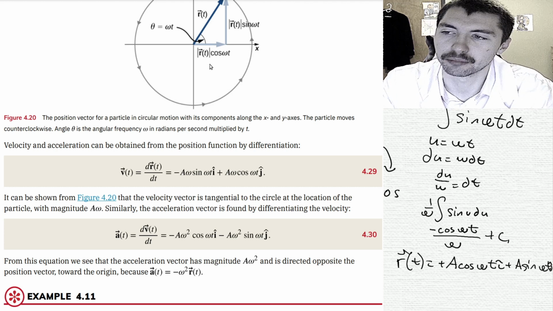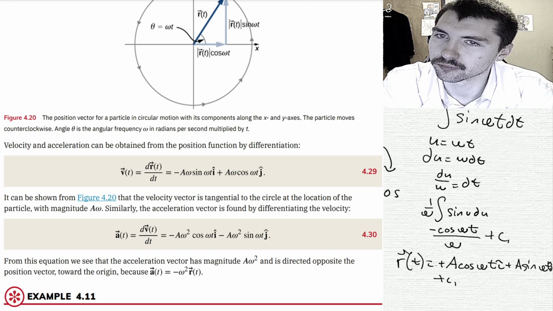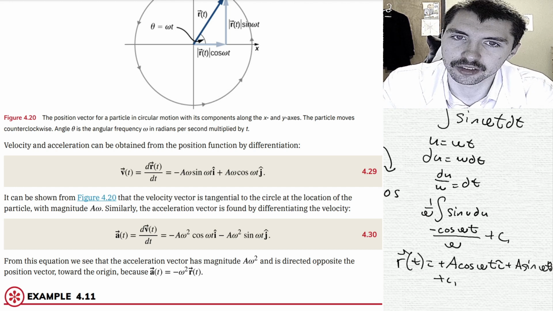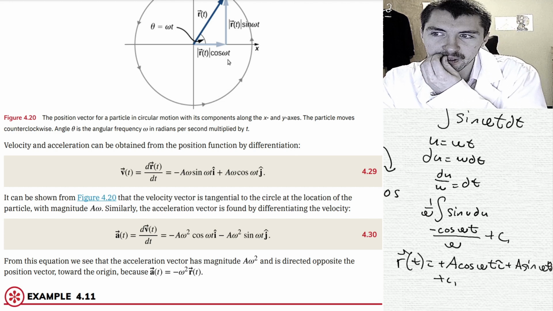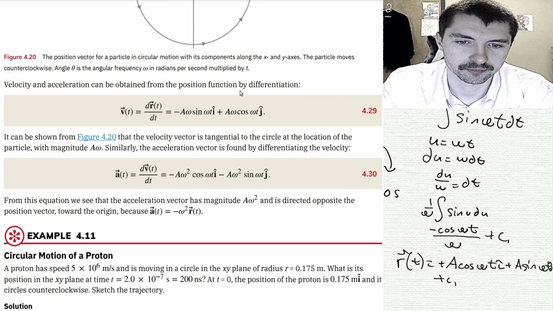Plus b plus a constant as well. We can see it's starting to match this gradient here.